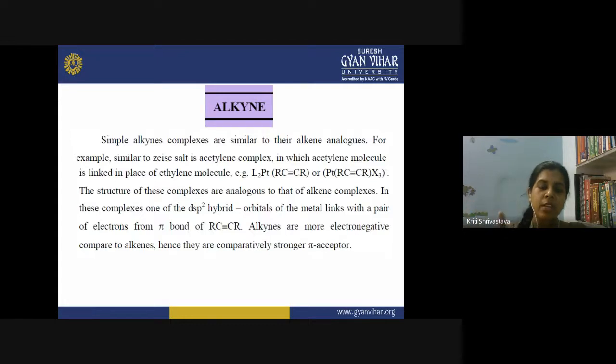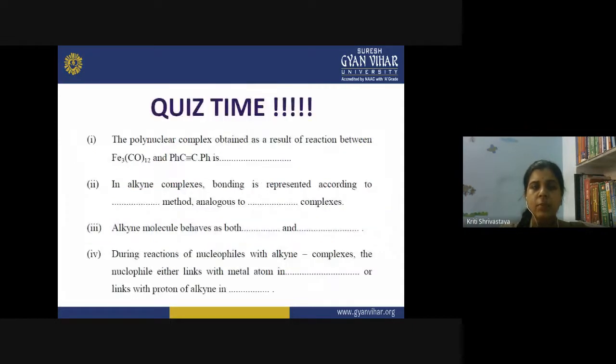Because they are more electronegative in nature as compared to alkenes. So when the metal donates electron density to the alkyne, it will accept it easily, and the back bond formation would be easier in such a case. So we will discuss more about the alkyne in the next lecture.